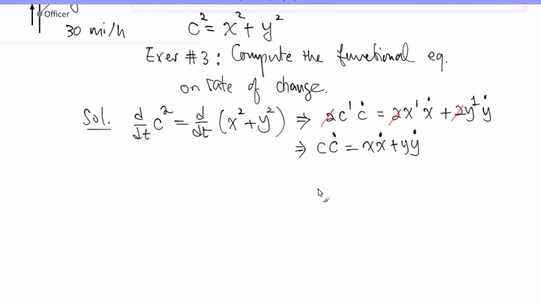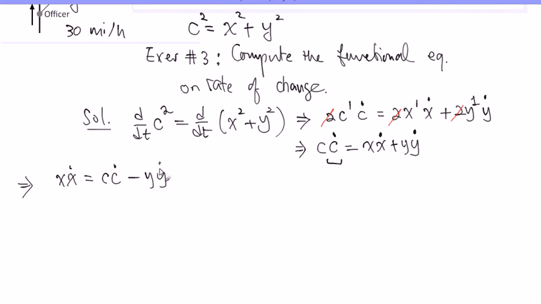Make sense? Alright. So we usually have that information, c dot and x dot is what we don't know. So we're going to solve for x dot. What is it if we solve for x dot? You have x dot is equal to c dot minus y dot.